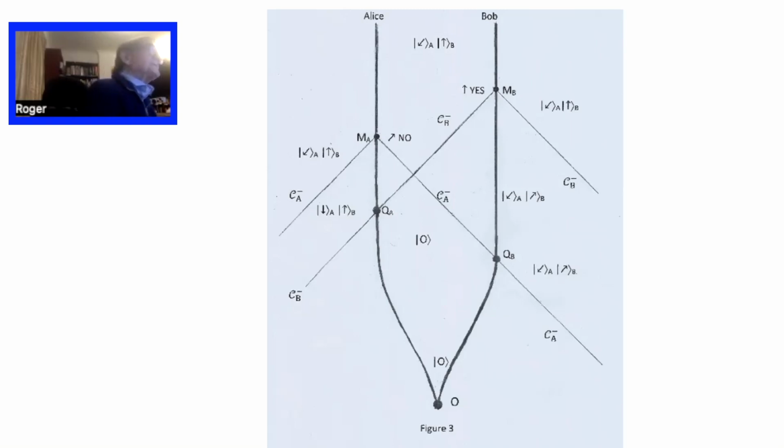Sorry, she measures it as an angle. I'm sorry, I got it wrong. She measures it as an angle, say 45 degrees, tilted to the right. That's that little arrow you follow up her world line, and she sees that the direction of spin is in fact pointing up to the left.